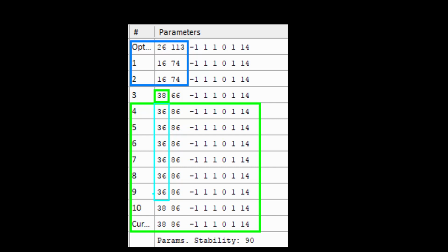It is substantially different from the parameters in the remaining runs. But once it's in sync, you can see that we've got great stability here in parameters. There's been a shift from 38 to 36, which is just a minor shift, then back to 38, and we can see there's a 66 there, and then back to 86.